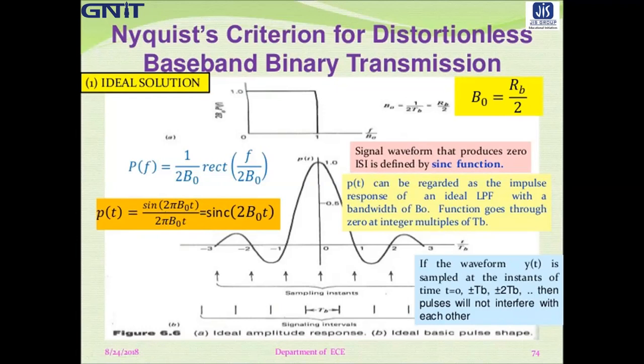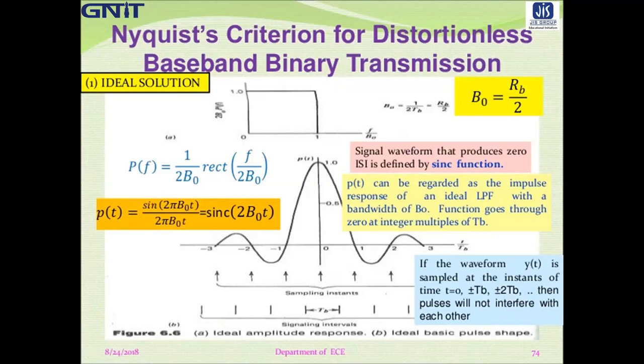So mathematically also it is proved that if I transmit the sinc pulse rather than the square wave, then we will get zero ISI.